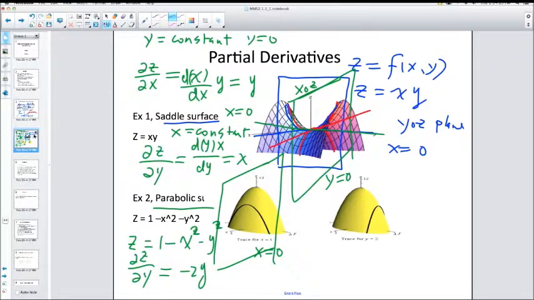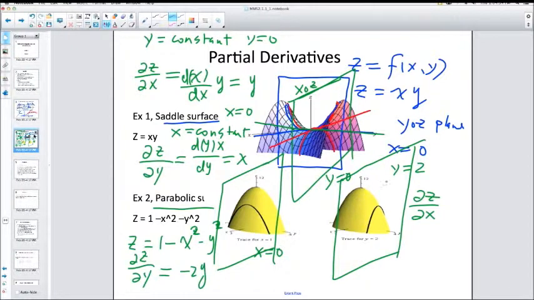In the other picture, I have y equals 2, which is a vertical plane like this, cutting the surface. Then I can take the derivative with respect to x, because y is a constant, and it equals negative 2x. That's how we calculate the partial derivatives.